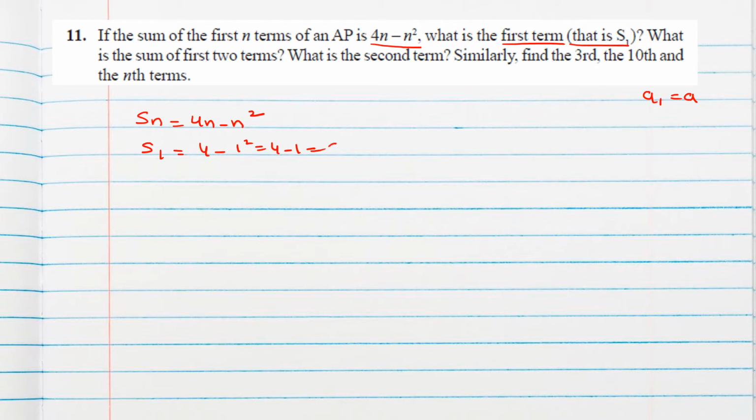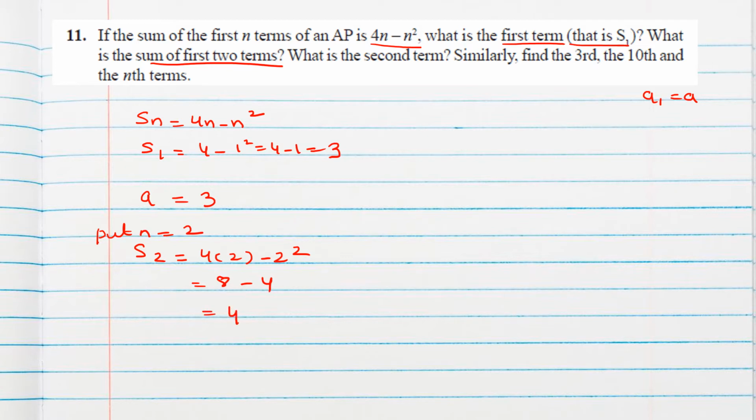Then what is the sum of the first two terms? So we should find S2. So for S2, we should substitute n value as 2. So now we can write put n as 2. So 4 into 2 minus 2 square, 8 minus 4, which is 4. Then what is the second term?